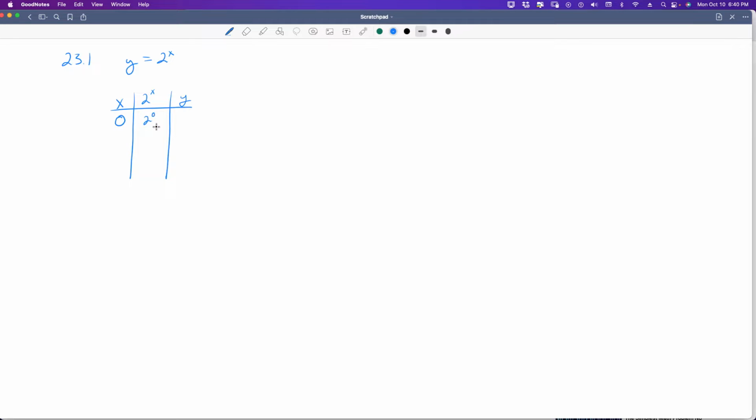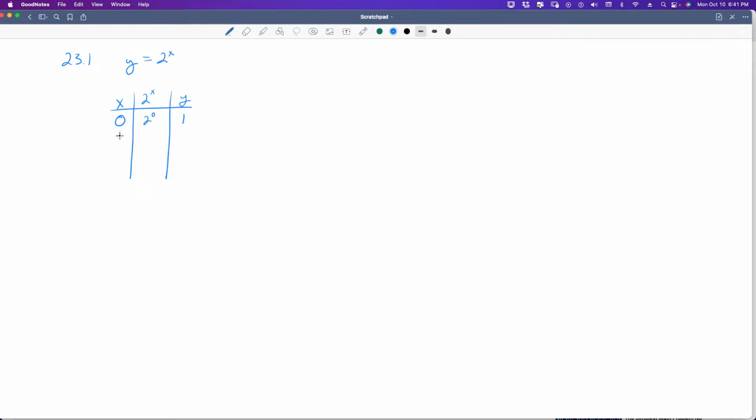So 2 to the power of 0 is 1. It doesn't matter what this base is at all. It's always, always going to be, if it's a whole number for sure, (0, 1) as a point in an exponential function.